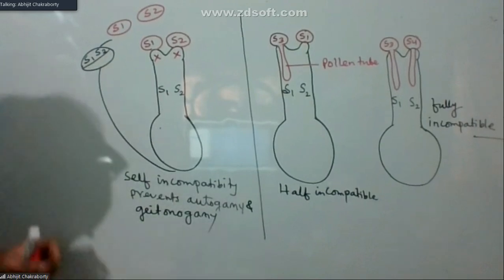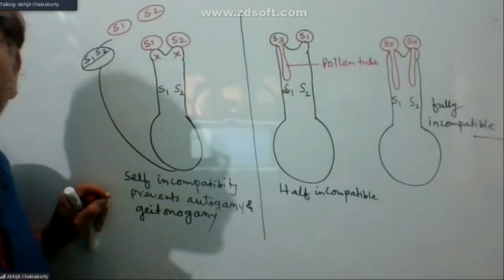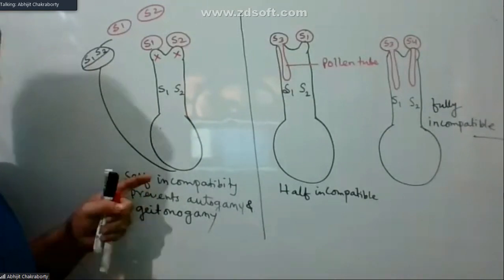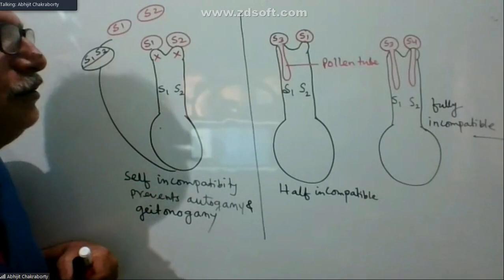Is it clear now? Because it is not only the same plant, the plants produced have the same incompatible factor found in the same plant. So that's why this mechanism can prevent both autogamy and geitonogamy.